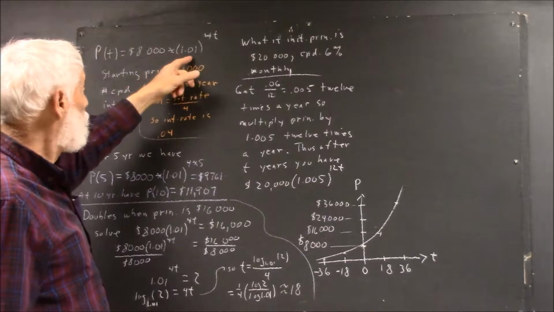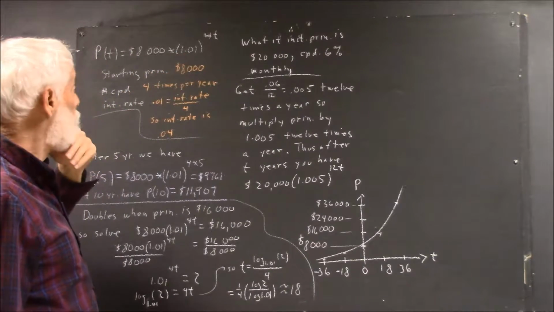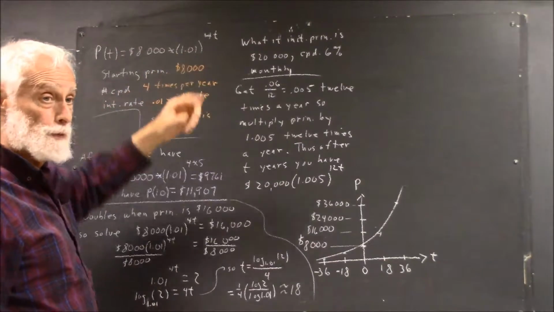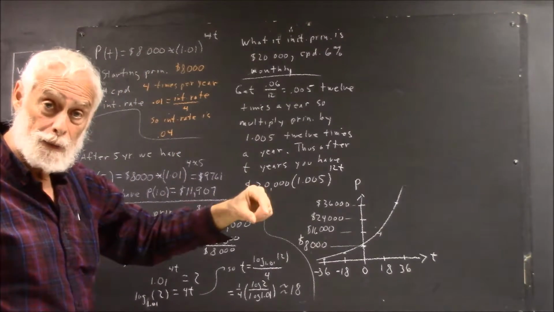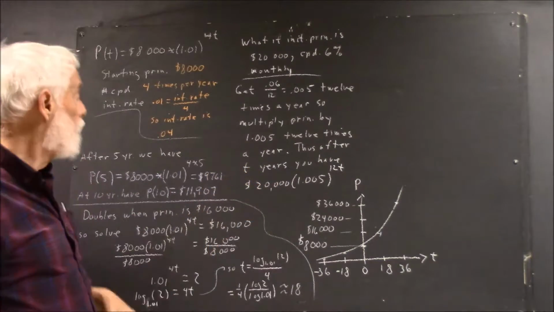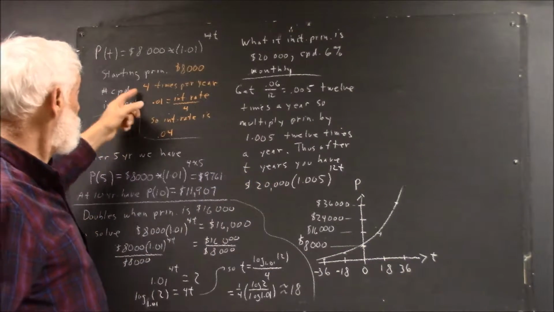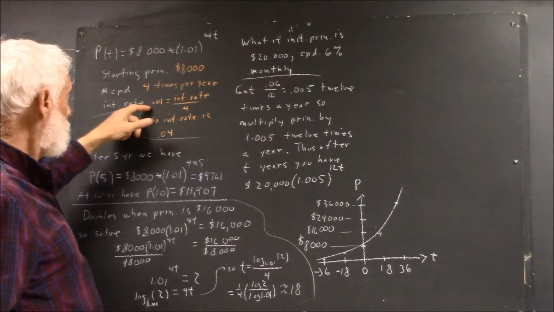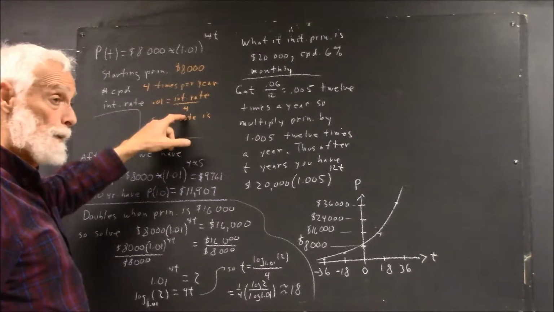Then 1.01. For compounding 4 times a year, the 0.01 represents what we're adding each time. If we're adding 0.01 4 times each year, that means our annual interest must have been 4 times the 0.01, or alternatively, the 0.01 is our interest rate divided by 4.